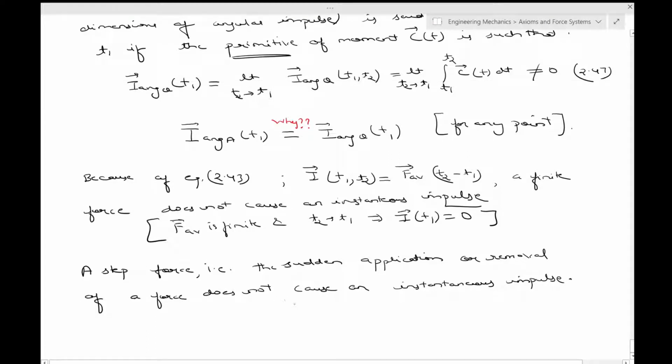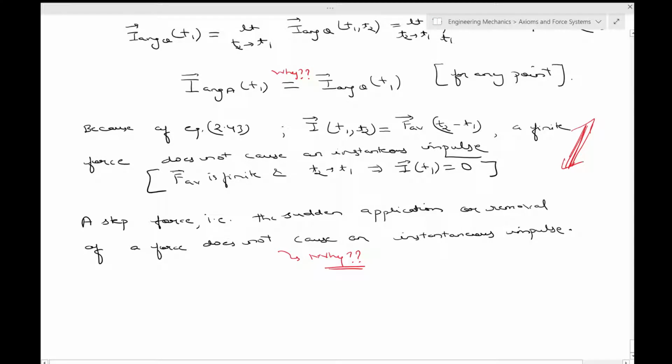You already have a definition. I've already given an example of how to check if something causes an instantaneous impulse or not. So you should try to answer this in terms of a step force.